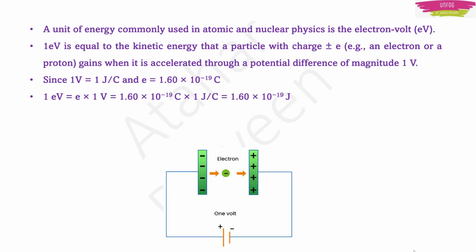So 1 electron volt can be the product of the charge of the electron, 1.6 into 10 raised to minus 19 coulomb, into 1 volt, which is 1 joule per coulomb. See here, I will write and show you. I told you that 1 electron volt is equal to electron into volt, and it is 1 volt.